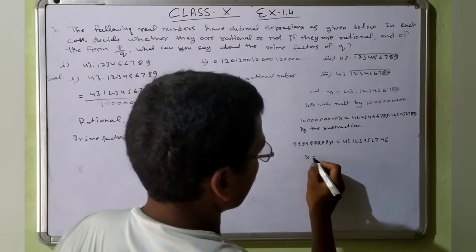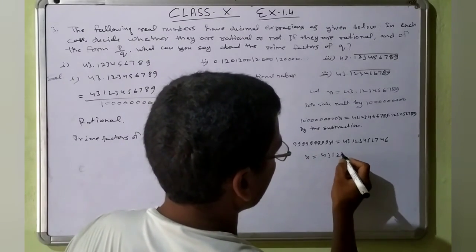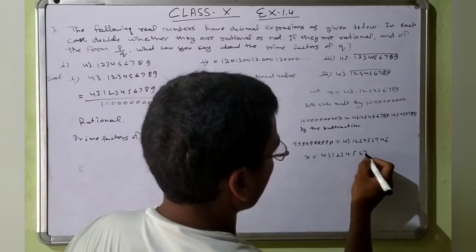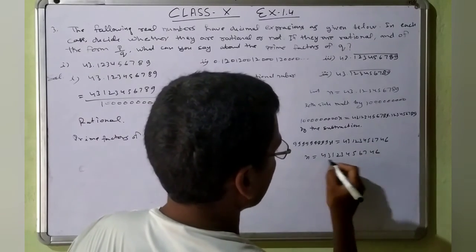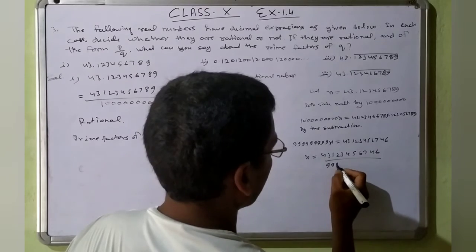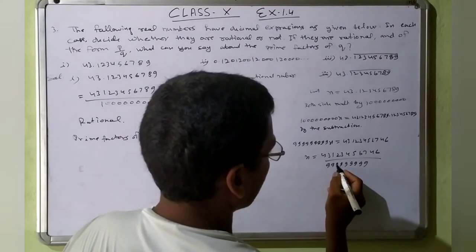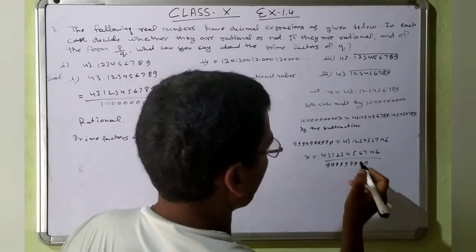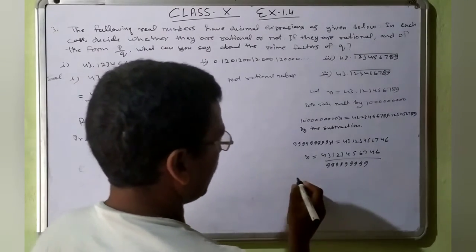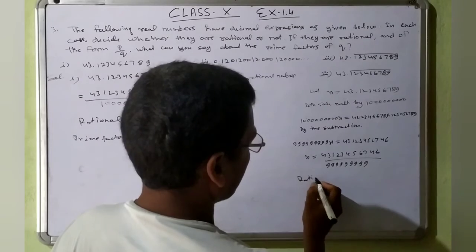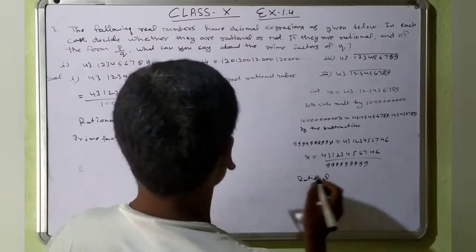So x is equal to 43123456746 upon 999999999. Okay, so that is a rational number, right?